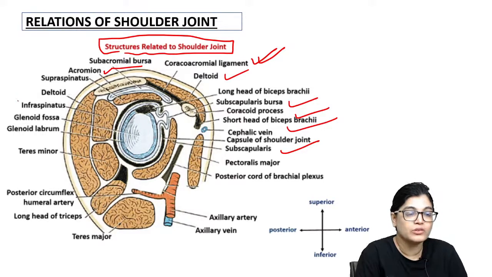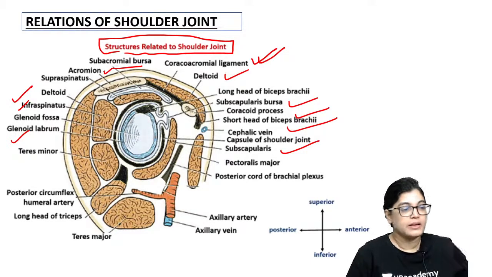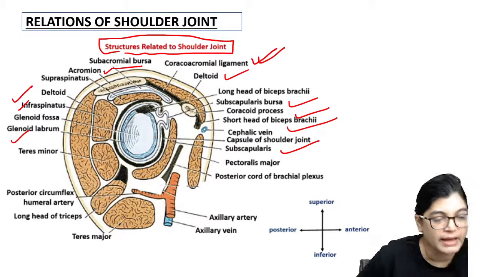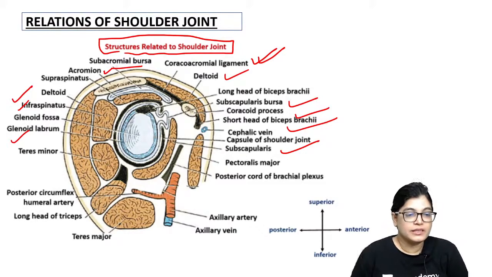Now moving on to the posterior aspect, it is related to the infraspinatus, glenoid labrum, and deltoid.